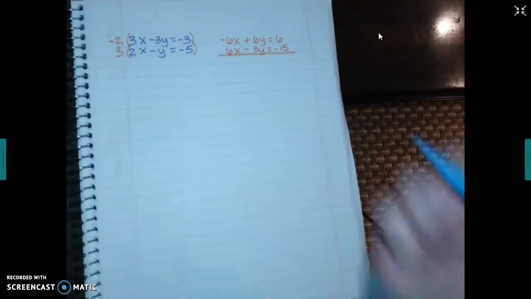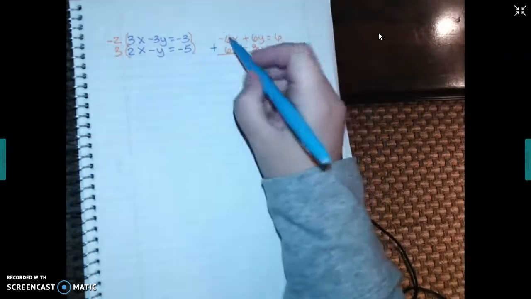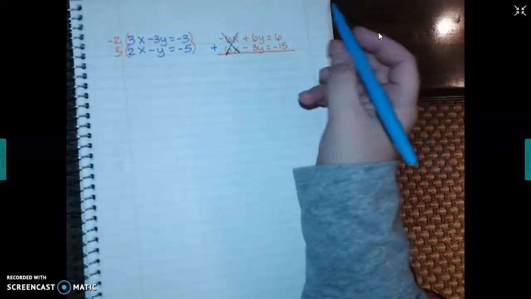Alright, now that I've distributed both the negative 2 into the first equation and 3 into the second equation, I have 2 new equations. Notice your x terms are opposites, so you're going to add together in order to eliminate.